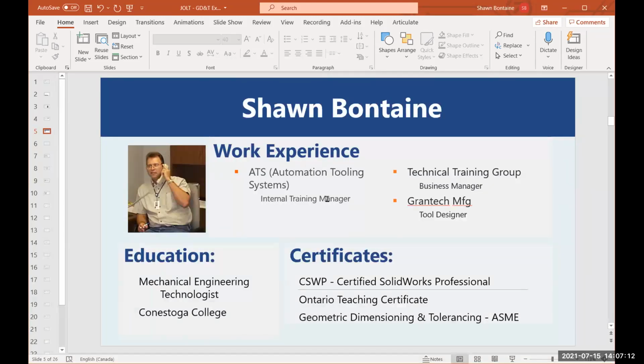My background is basically mechanical engineering. I have my qualification in geometric dimensioning and tolerancing, and I've had it for about 20 years. I've been teaching in different companies for pretty much that 20 years as well. That's a little bit of background on why I teach geometric dimensioning and tolerancing.